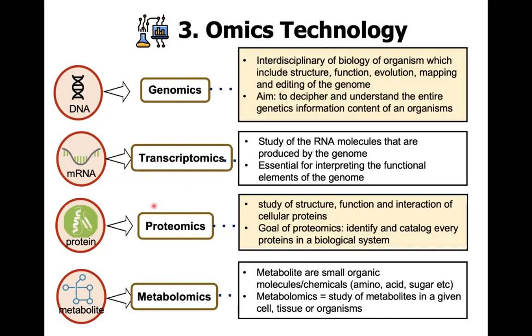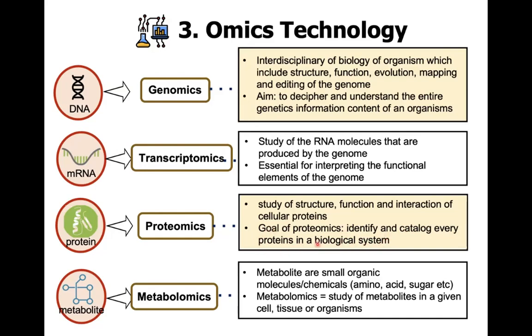Okay, next one is proteomics. Selalu yang ni pun selalu dengar kan, proteomics. Proteomics deal dengan protein. Proteomics is the study of structure, function and interaction of cellular protein. So kalau goal of the proteomic ni actually to identify and also to catalog every protein in the biological system.